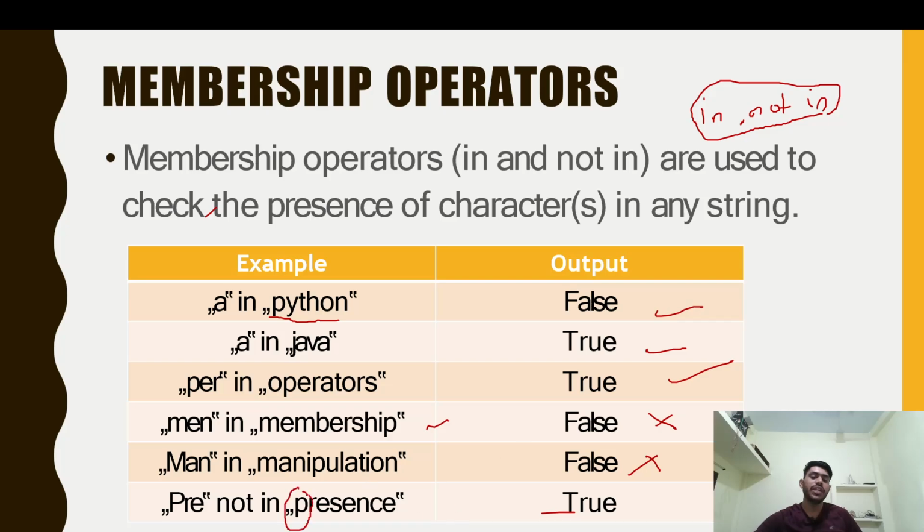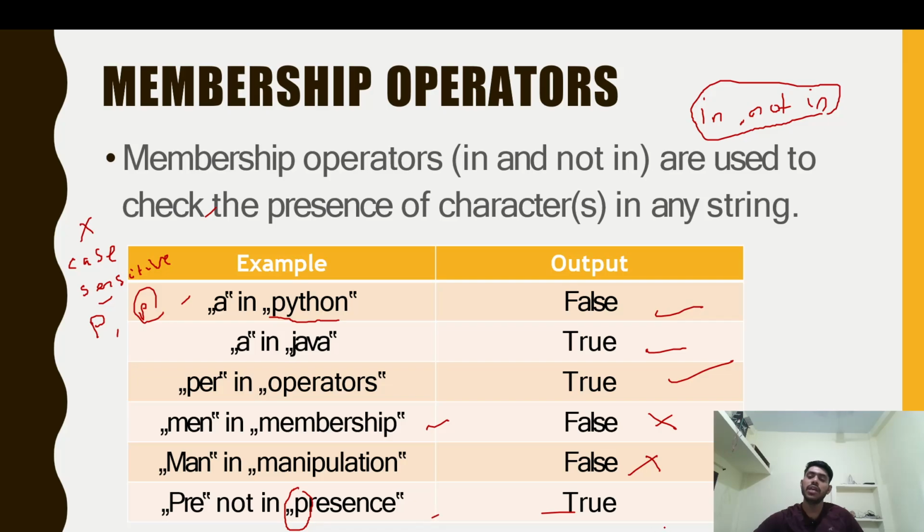That's why it is true. If it is written like this, small pre, then it is false, because Python is case sensitive. Remember it. Python is a case sensitive language. So if I write capital P and small p, they are different.